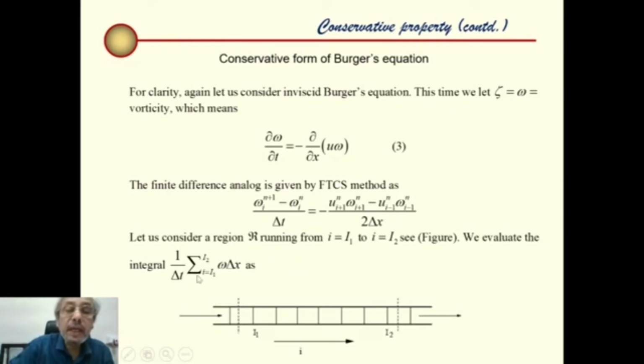So left hand side, basically we can write that is integral omega delta x running from I equal to I1 to I2 divided by 1 by delta t, and right hand side is summation of this quantity over the integral space.